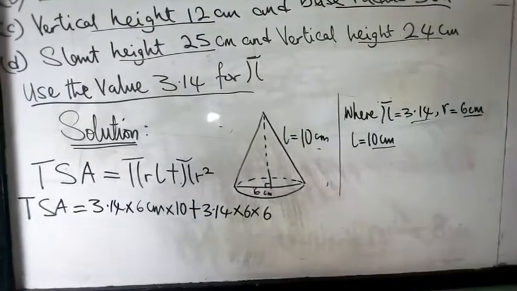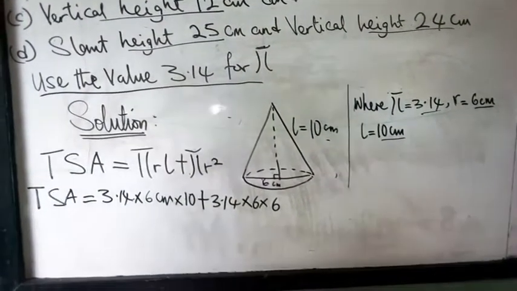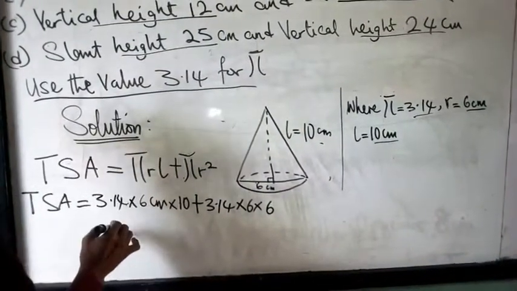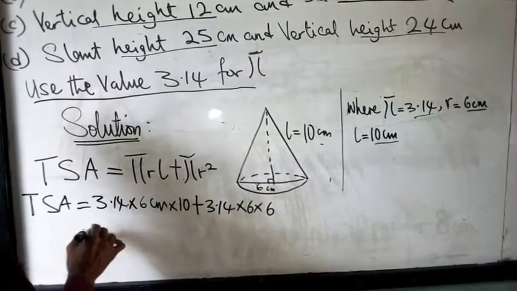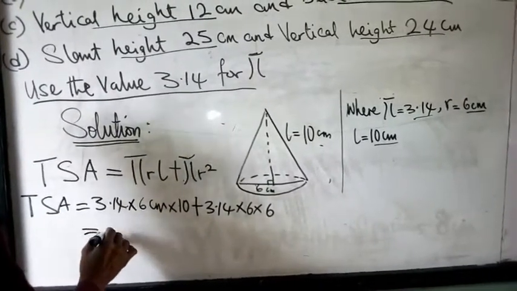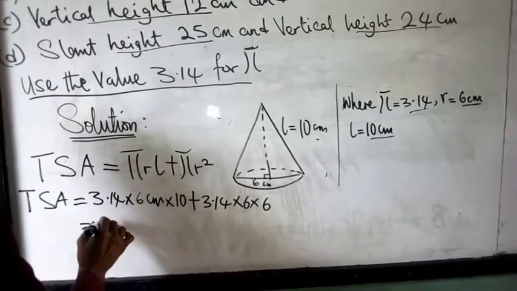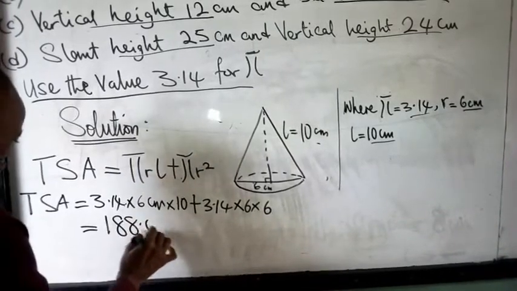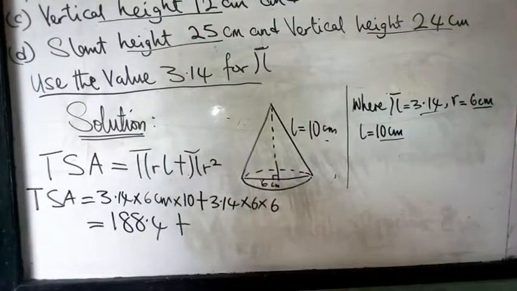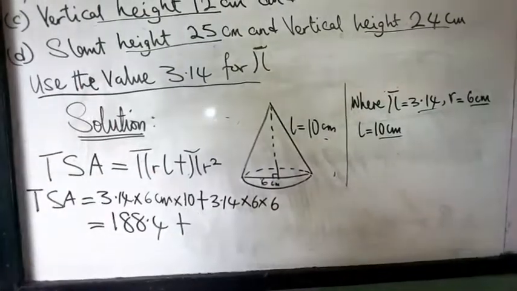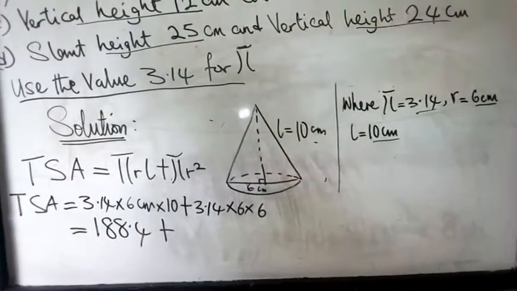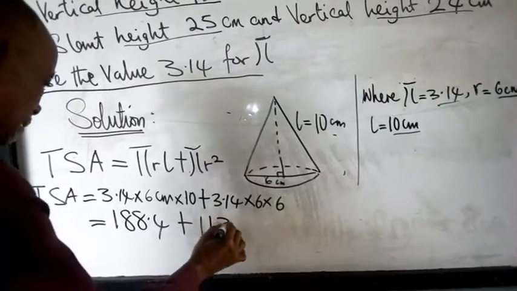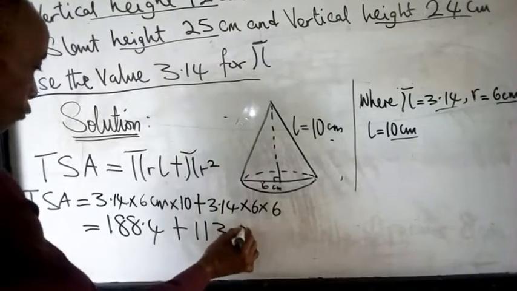When you take time and multiply that, which I want to believe you should know how to multiply, if you multiply it out, you will have TSA in this case going to be this side 188.4 plus, multiply this side also, you have again 113.04.